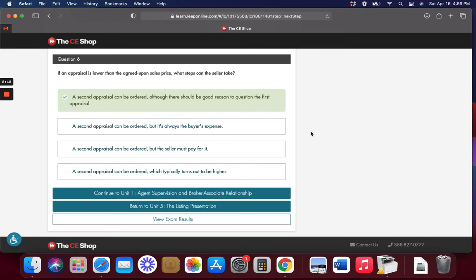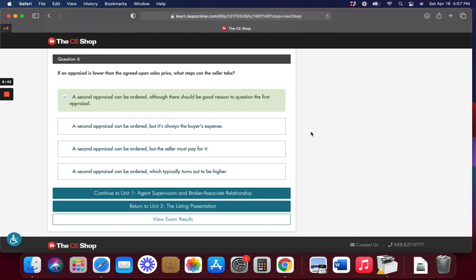If an appraisal is lower than the agreed sales price, what can the seller do? Well, the seller can ask for a second appraisal. And if you ask for a second appraisal, as we discussed in a lot of our study guide videos here, we talked about all the steps that they can do, all the things you can do. You need to request a second appraiser, and you need to do it with caution because you don't want to upset the appraiser, okay?